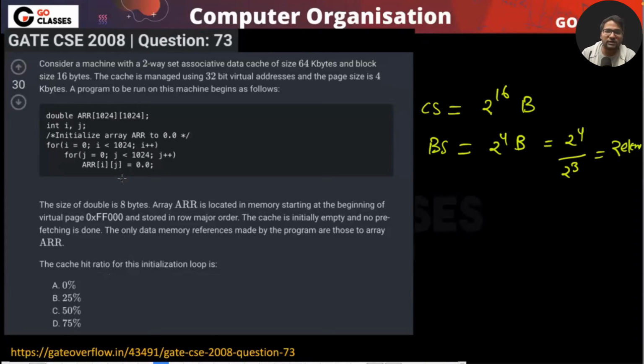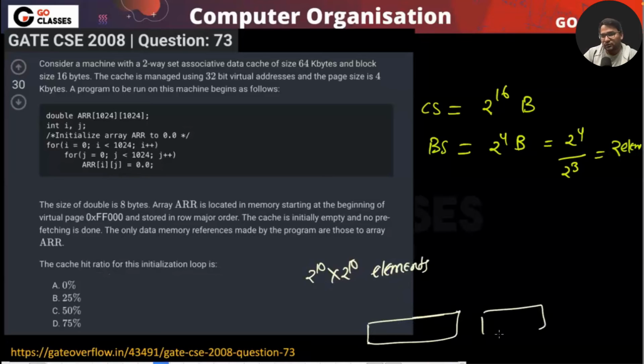Okay. This is IJ. So the array is basically 2 power 10 into 2 power 10 elements. Each block is having how many elements? 2 elements, right? So this is 1 block, 2 block. There are many, many blocks that you will have.